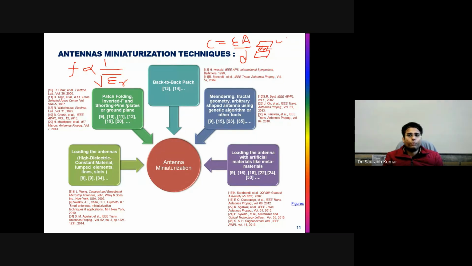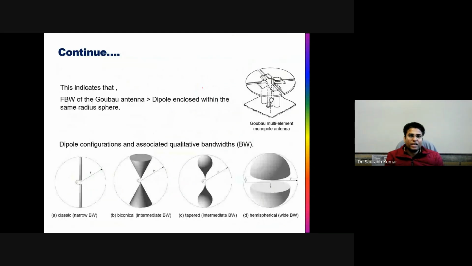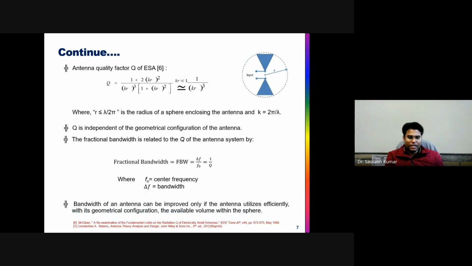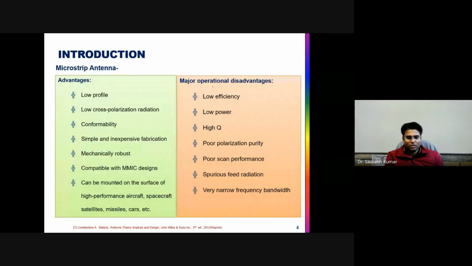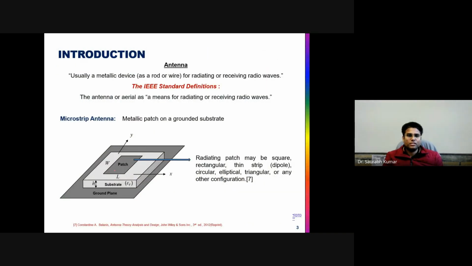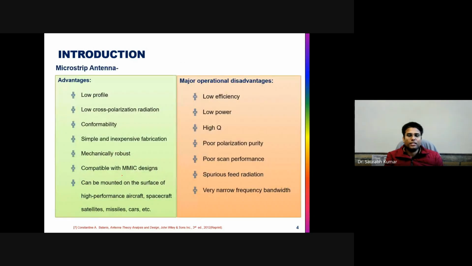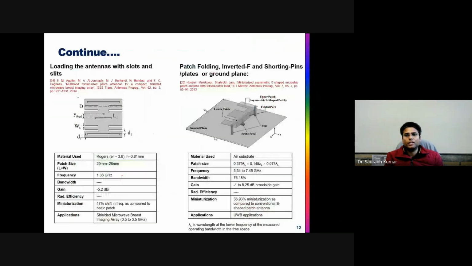If your plate area and the distance between the plates are fixed, only you are changing the epsilon. Your patch antenna is also looking like two parallel plates, this one and this one, sandwiched like that. You are having a dielectric in between.